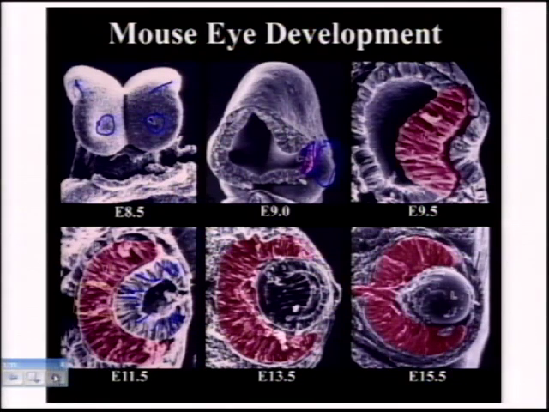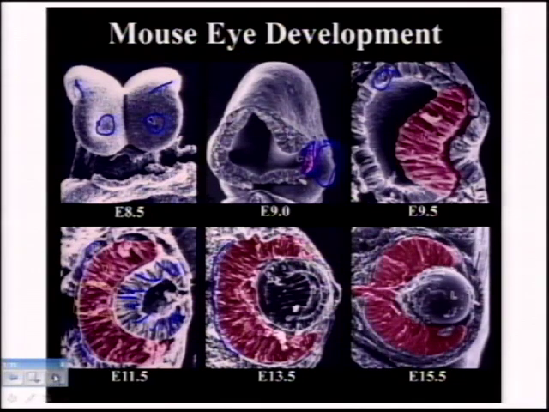Another structure I should point out is this structure here, labeled P. This is another part of the neural fold, and this is going to form the pigmented epithelium, which you can see forming here, and then finally here. The pigmented epithelium is a structure in the very back of your retina that absorbs the light that isn't captured by the retina.